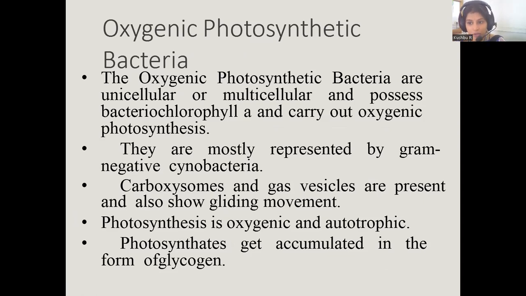They possess bacteriochlorophyll pigments like A, B, C, D, E, and xanthophyll and carotenoids. Generally, they include cyanobacteria. They have carboxysomes and gas vacuoles present, which enable them to be more photosynthetic in nature.